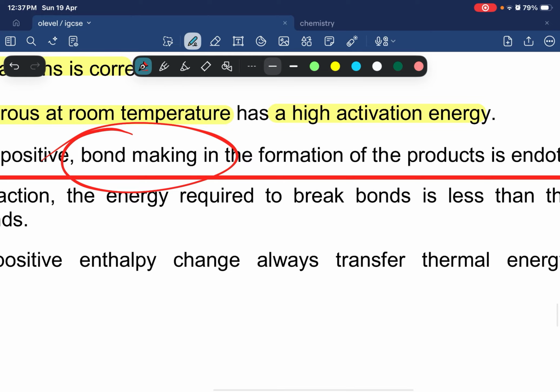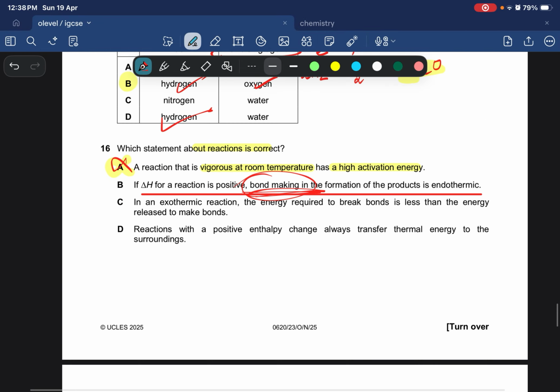No matter if the reaction is exothermic or endothermic, bond making is always exothermic. Even in endothermic reactions, bond making is exothermic. The problem in endothermic reactions is that more energy is absorbed in bond breaking, which is endothermic. So that makes the reaction endothermic, not the bond making. Bond making has to be exothermic. In both, bond making is exo, bond breaking is endo.